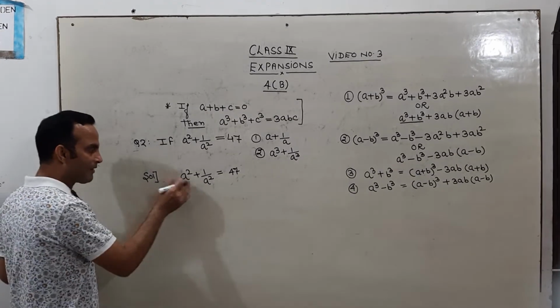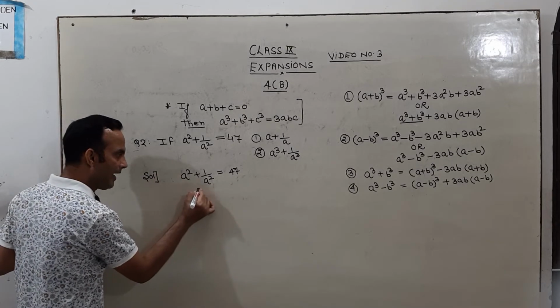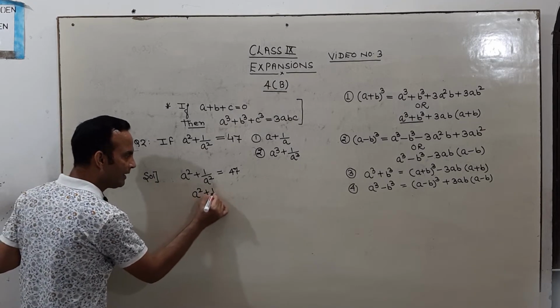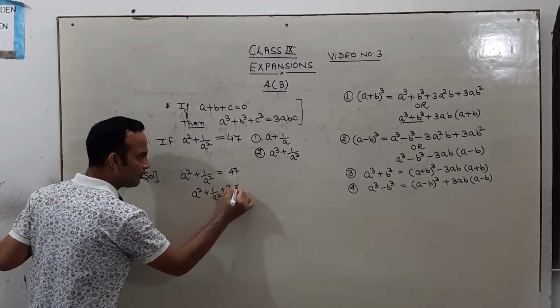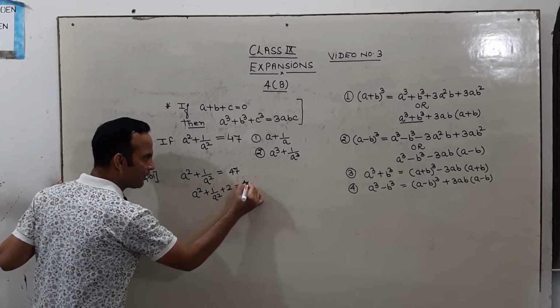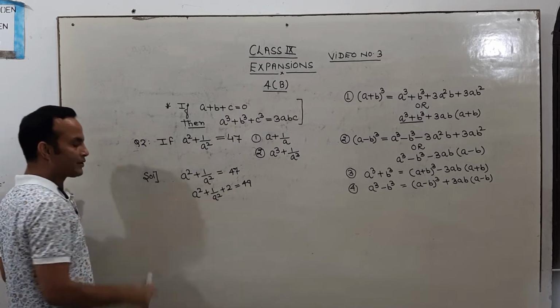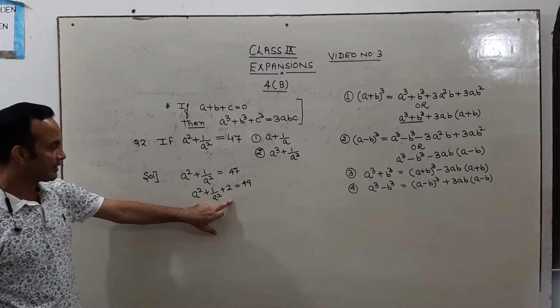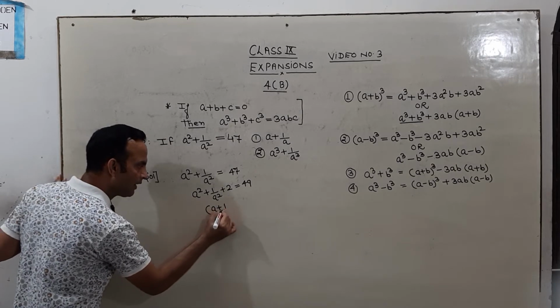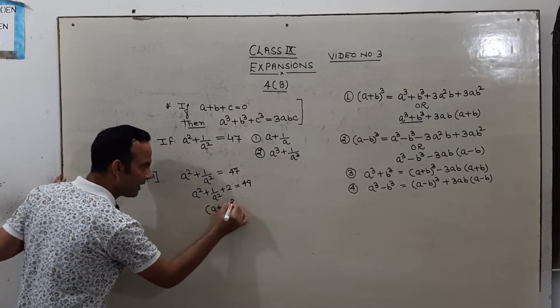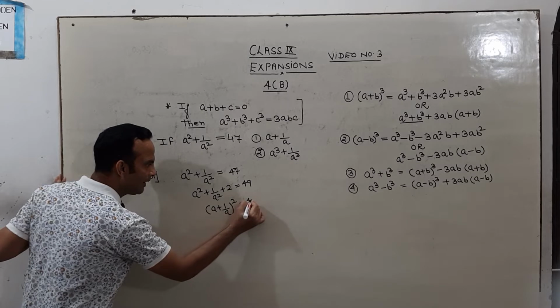We can make it a perfect square by adding 2 on both sides. 47 + 2 becomes 49. Now, dear students, you can see this will become (a + 1 upon a) whole square, which is equal to 49.